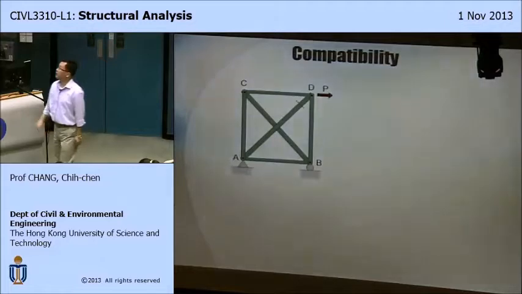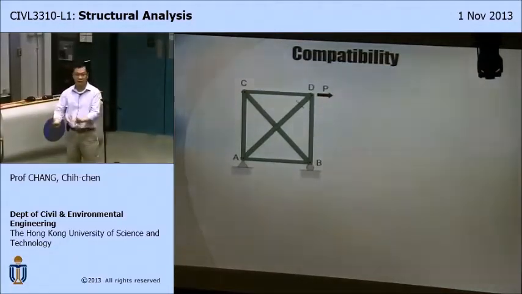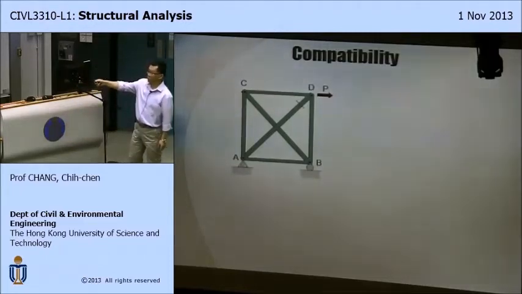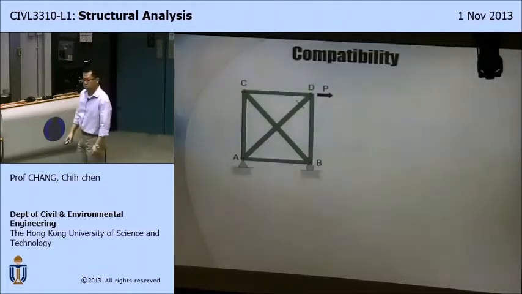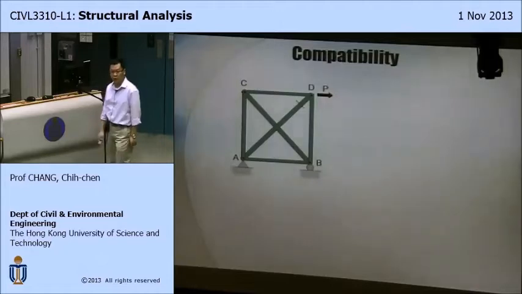All right, so we can also use this concept to solve some structure like this. This is the reverse of the previous example. This is determinate support-wise, but the structure itself is 1 degree indeterminate. So truss, diagonal, diagonal, 2 diagonals, 1 too many.